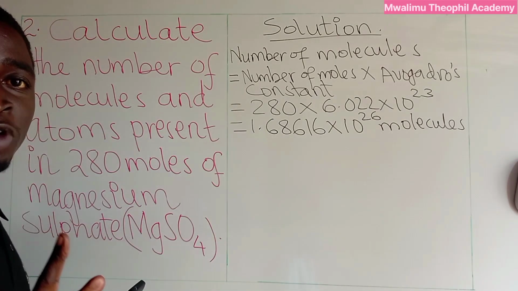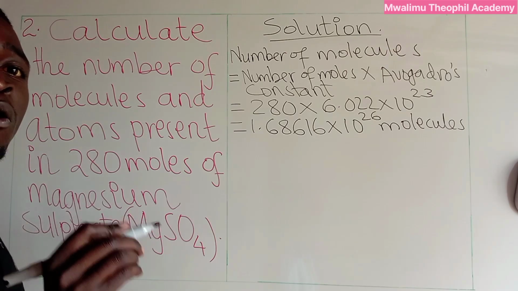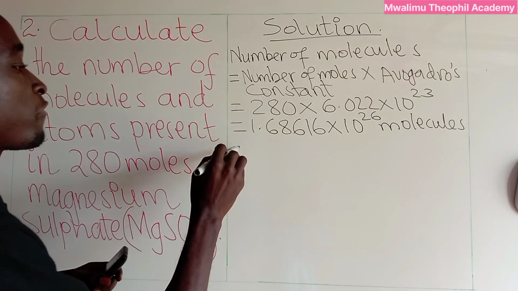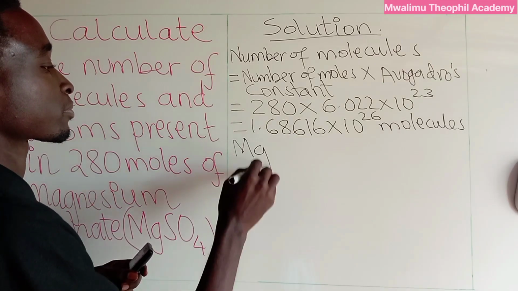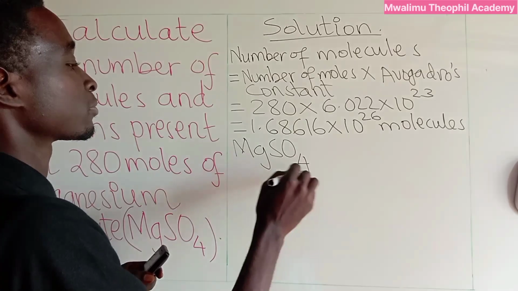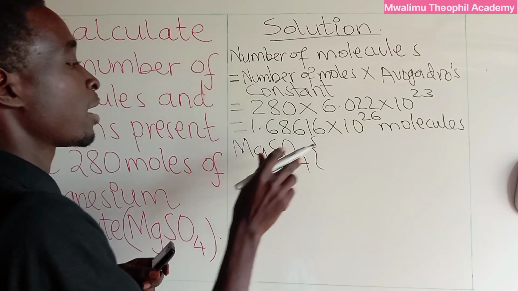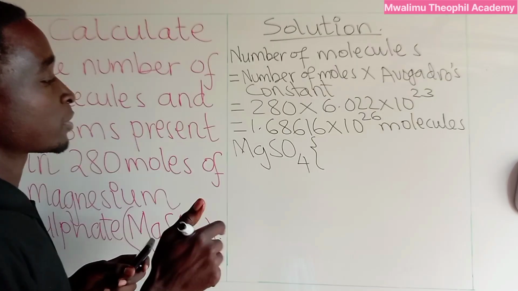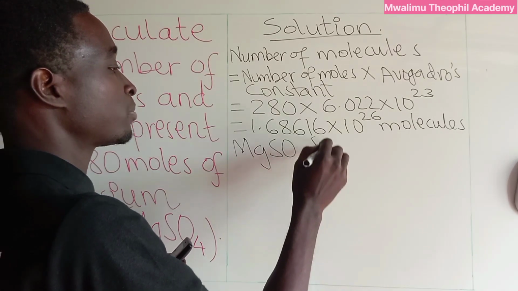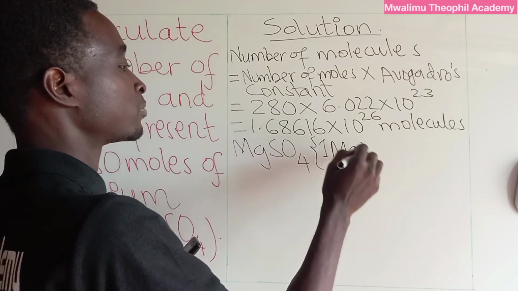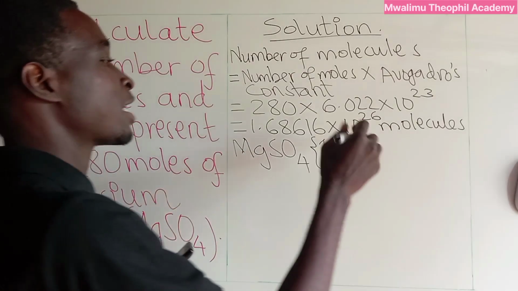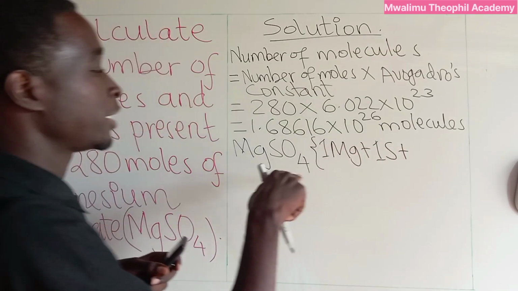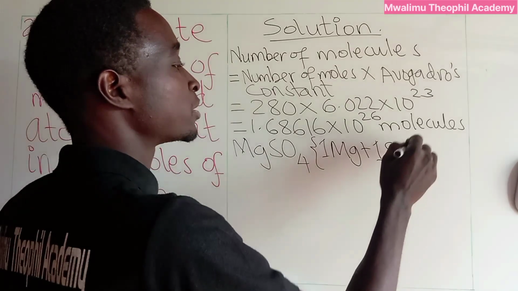Before you find the number of atoms, you have to know the number of atoms in each molecule. When we write magnesium sulfate, how many atoms are in one molecule of magnesium sulfate? We have one magnesium atom, and we have one sulfur atom, and we have 4 oxygen atoms.